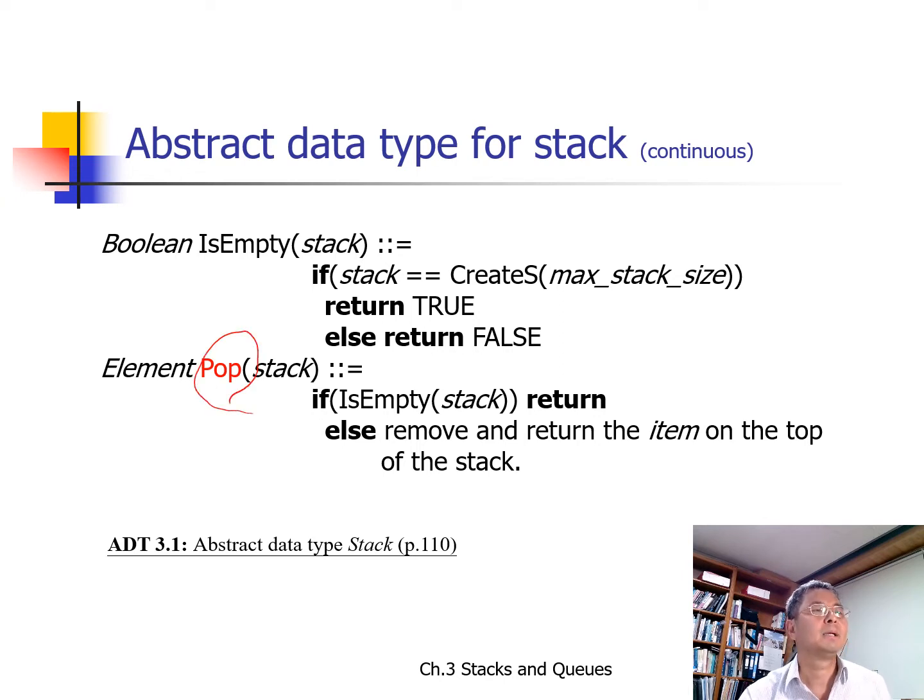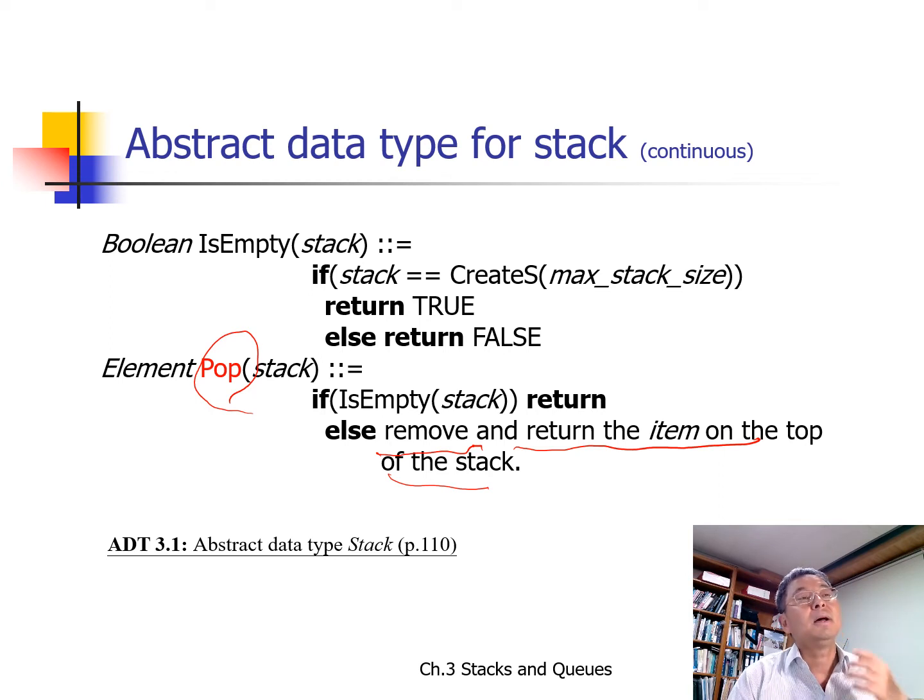So pop operation will remove the top data, remove and return the item on the top of the stack. That is the pop operation in the stack abstract data type. Okay? Yes, that's the definition of a stack in abstract data type.